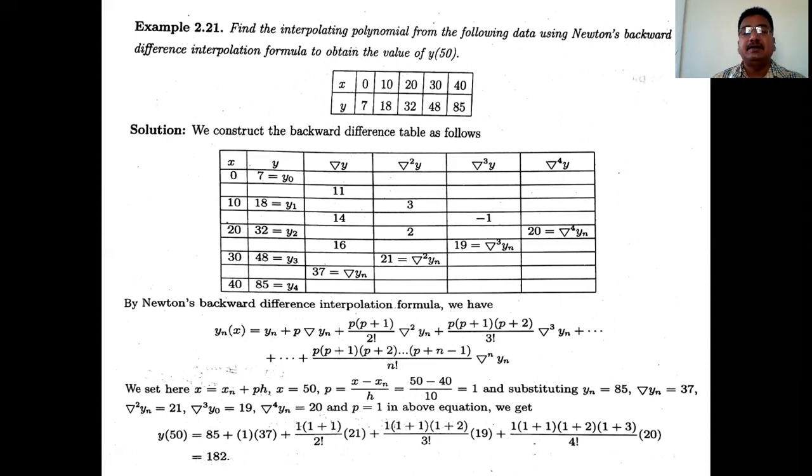That is, first find the general polynomial and then find the value at 50. We have to find the value at 50.